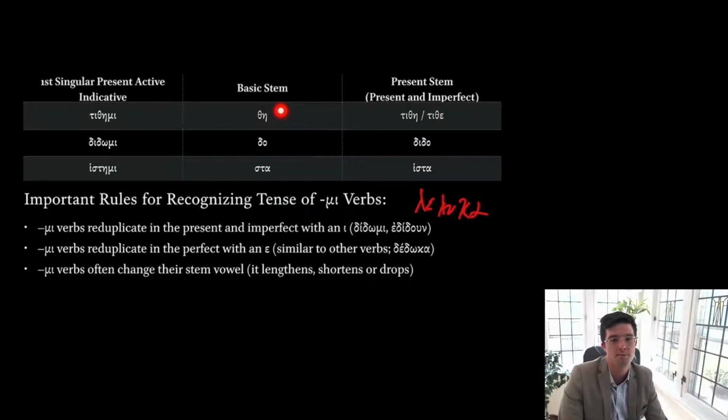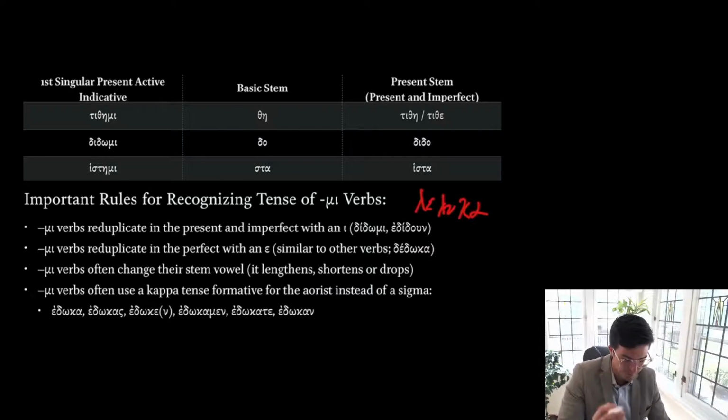So you see that up here as well, with tithe with an epsilon versus the eta up here. So just be aware that you're going to see different kinds of changes, and usually these are somewhat recognizable because they're the long or the short version of whatever stem vowel is already there on the basic stem.